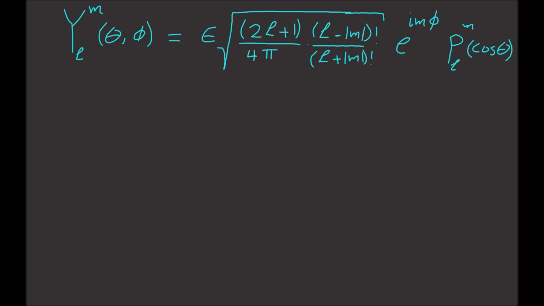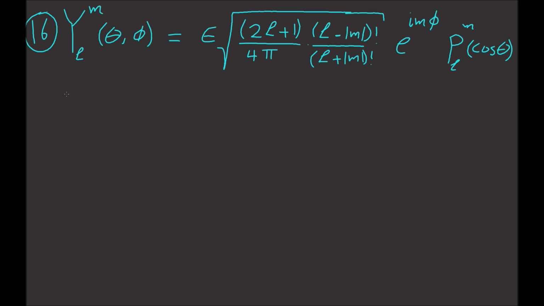This is going to be equation number 16. There you have it. So these are the solutions for the azimuth part of the Schrodinger equation for the hydrogen atom.